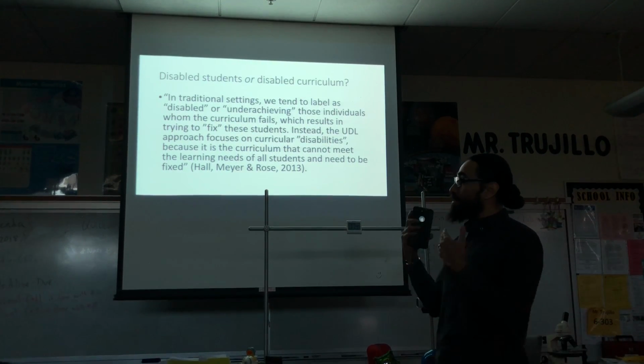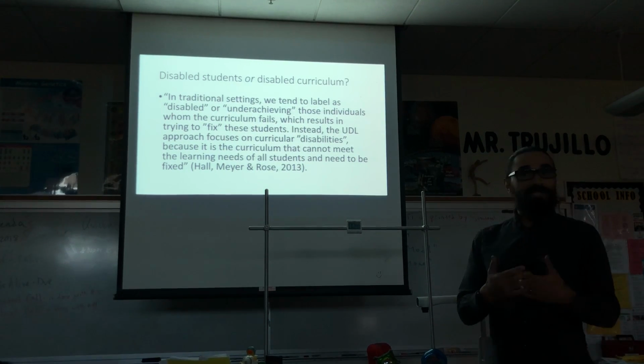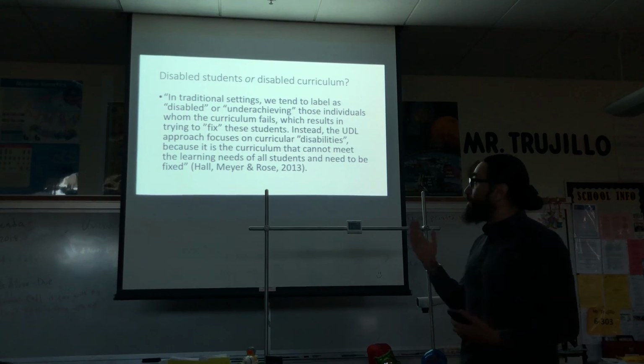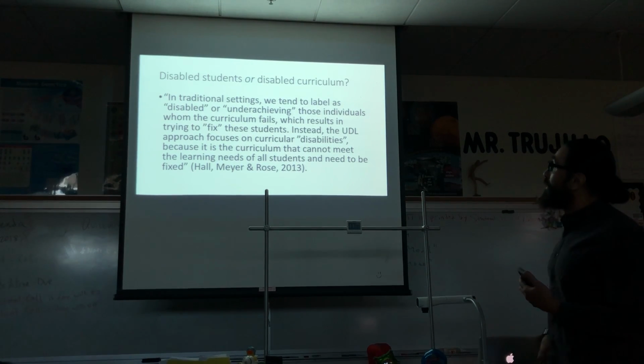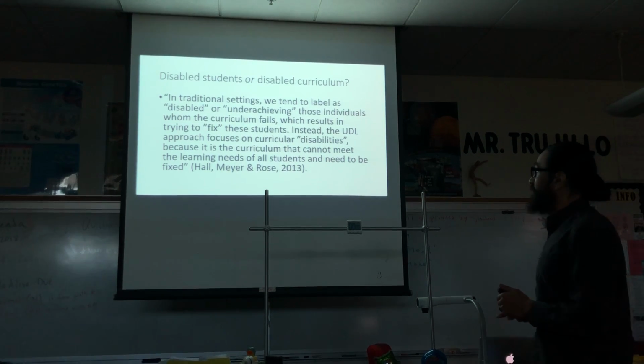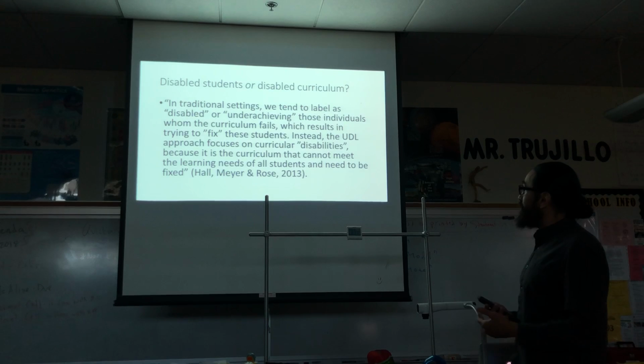According to the UDL in the classroom textbook, this means that it's actually the curriculum that is disabled. It's not really the students that are disabled. And here's why. The textbook says, quote, "In traditional settings, we tend to label as disabled or underachieving those individuals whom the curriculum fails, which results in trying to fix these students.